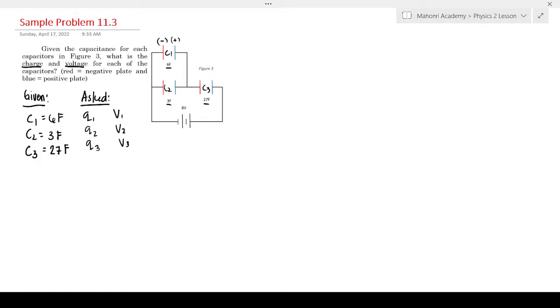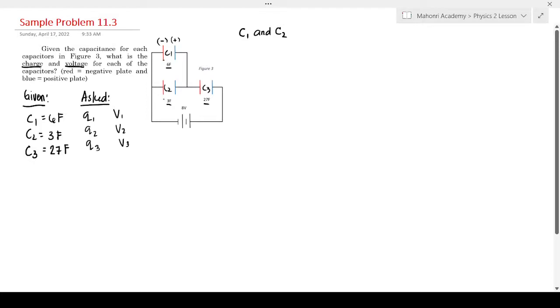Okay, so the first thing that I want you guys to look at now is to understand series and parallel combination. If you look at your C1 and C2, C1 and C2 are in what combination? If you say that they're in a parallel combination, then you are correct. Why are they in a parallel combination?